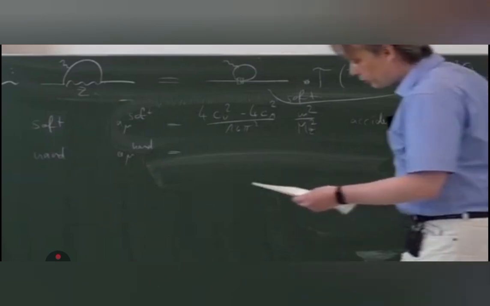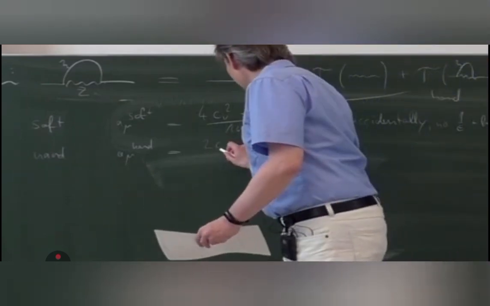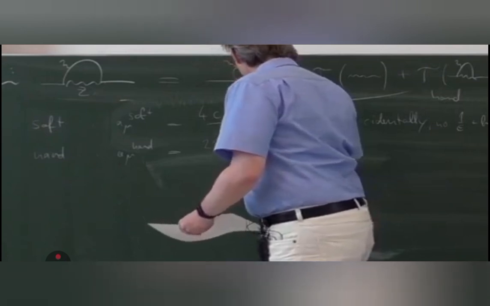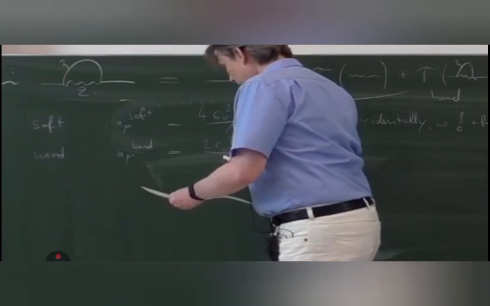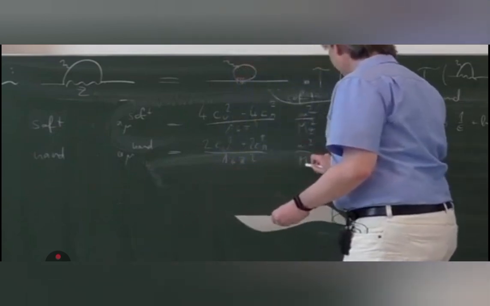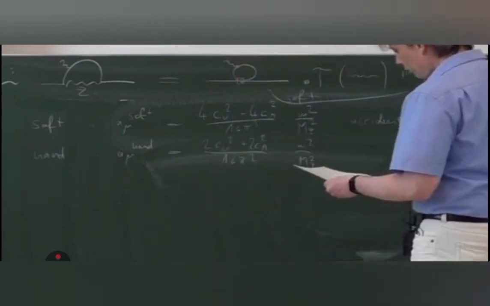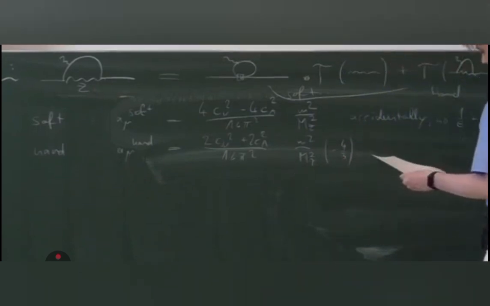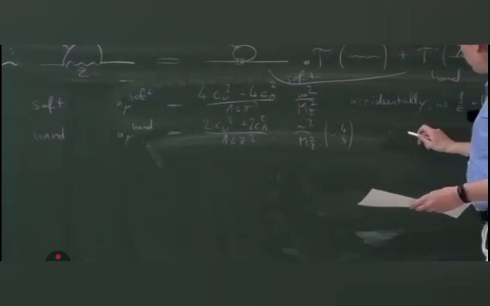Otherwise the full expansion would be inconsistent, and the explicit calculation shows that indeed it is finite, and the result is (2 C_V^2 + 2 C_A^2) divided by 16 π^2 times the same mass suppression times a prefactor of −4/3. And again, accidentally there is no 1/ε.